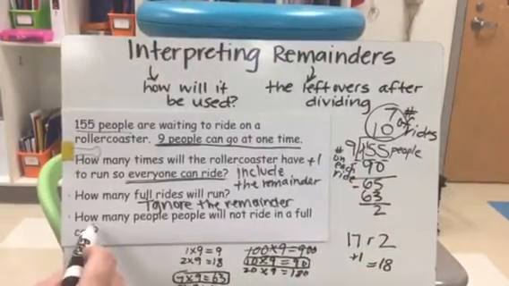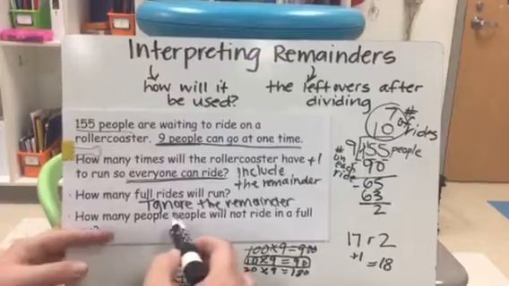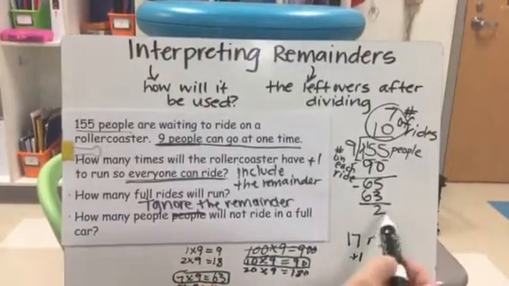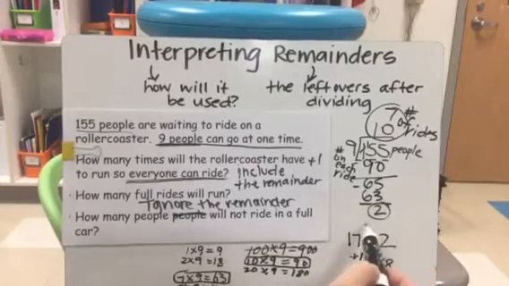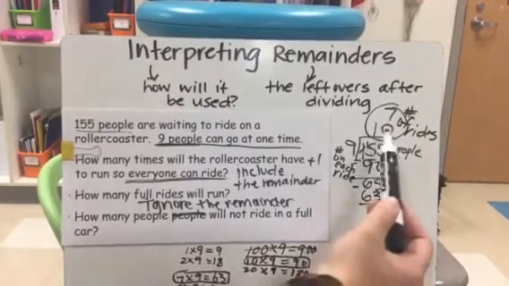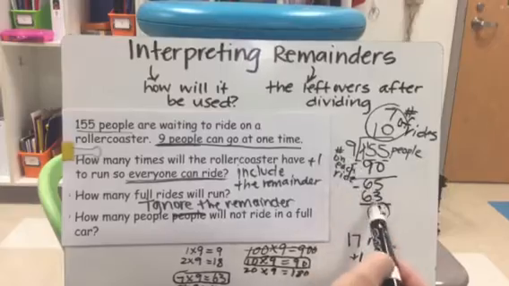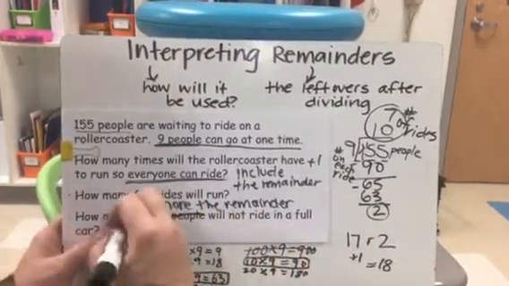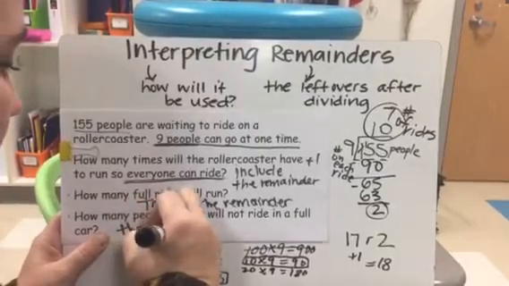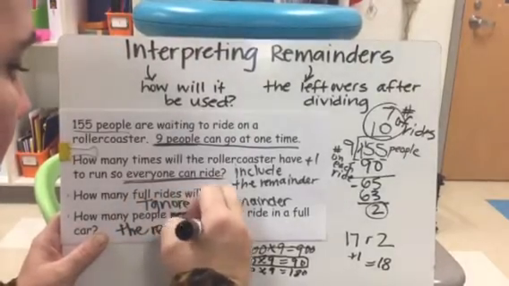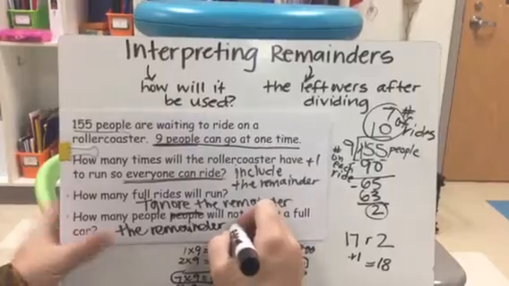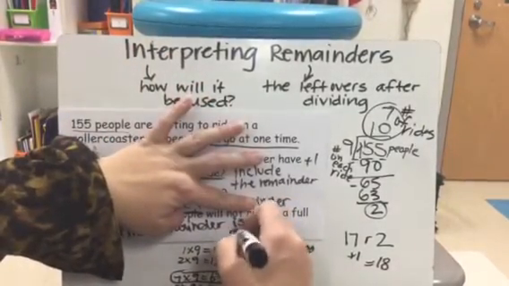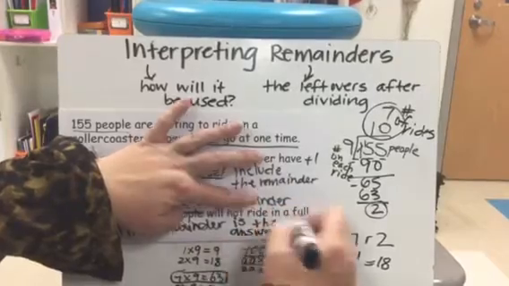And then this last question here, how many people will not ride in a full car? Well, that's these 2 people here. They're going to be the only 2 people on the ride. It's 17 groups of 9, and these 2 people will go and they'll be the only 2 on the ride. So here, the remainder is the answer.